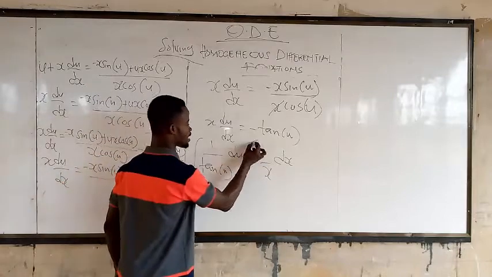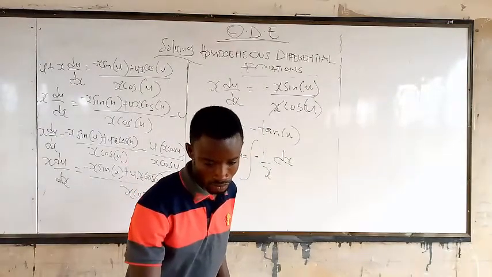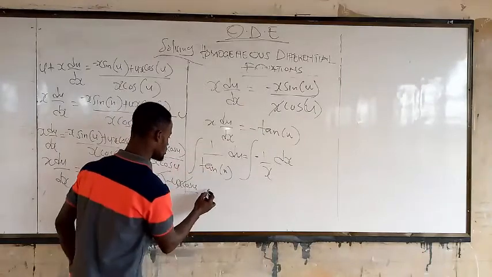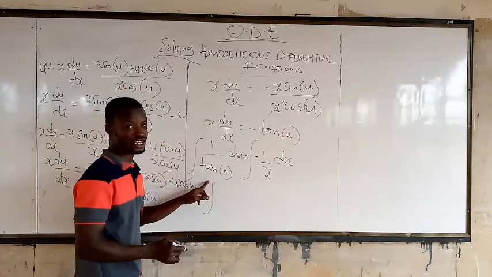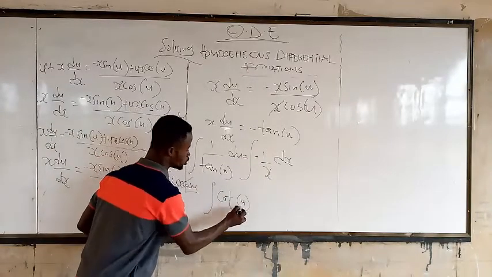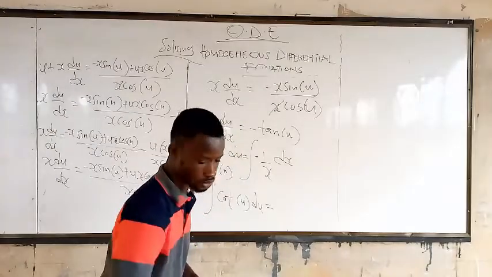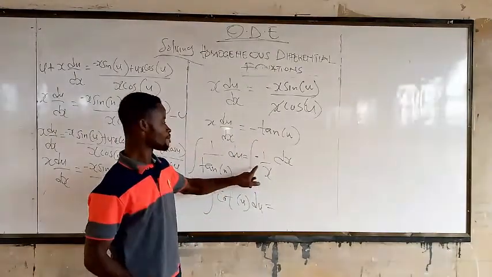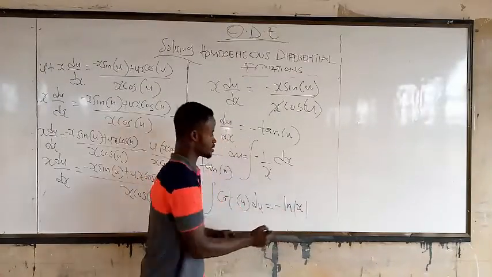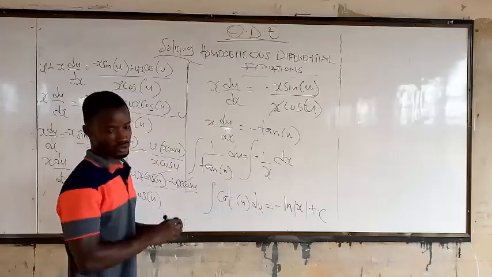integrate both sides. And when we integrate this side, we are going to get the integral of 1 over tan, which is what? Cot. In case you have forgotten, this is cot u du, which is equal to the negative out, you get ln x plus c. Alright.